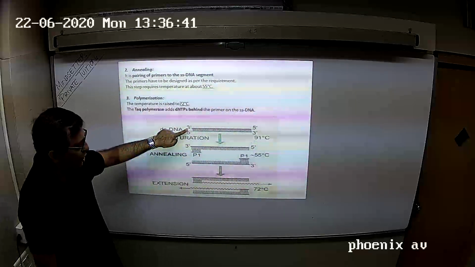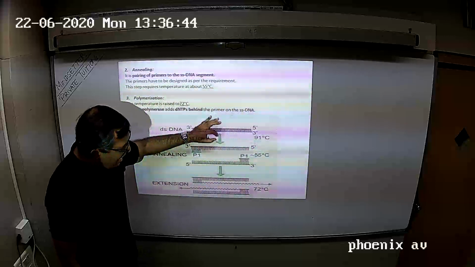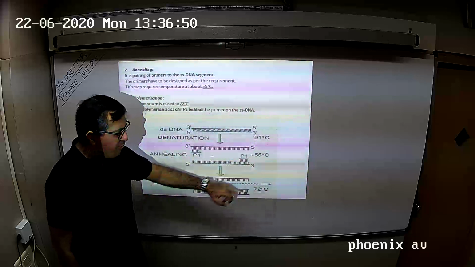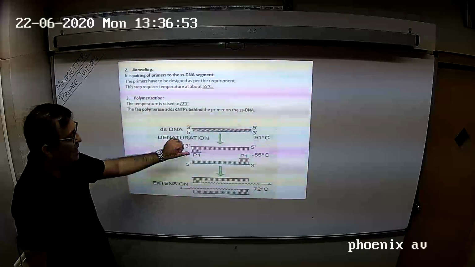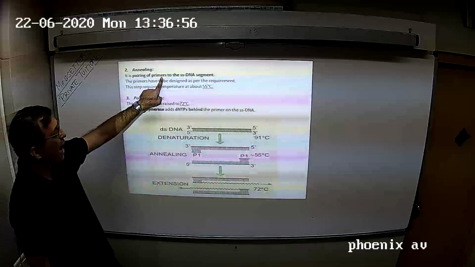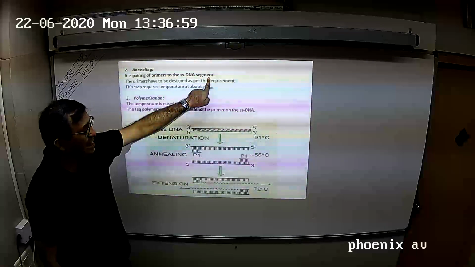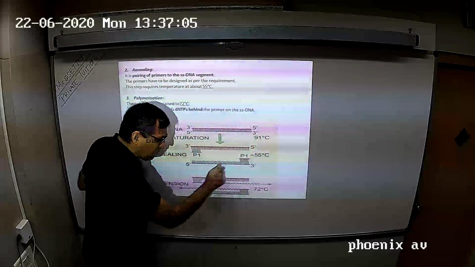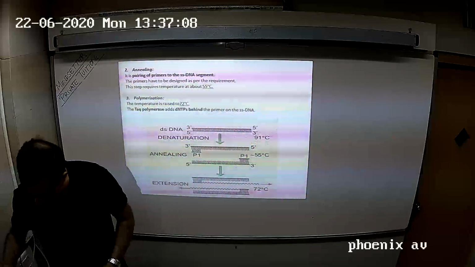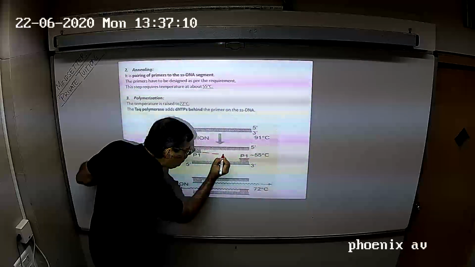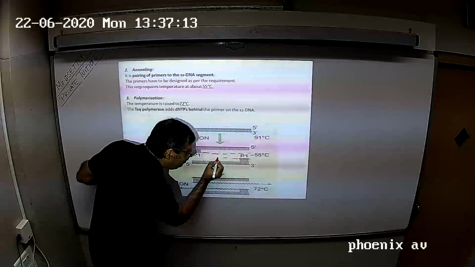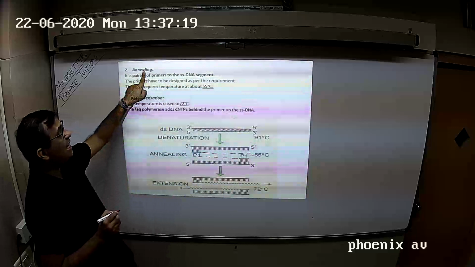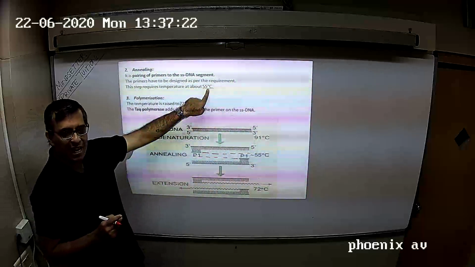On heat denaturation the double-stranded DNA has become single-stranded DNA, and when the temperature is reduced from 91 to 55 degrees Celsius, annealing happens, in which the primers pair to the single-stranded DNA segment. These primers that you put in will get attached to the DNA segment: the forward primer will get attached here, and the reverse primer here. That attachment of primers is called annealing, which takes place at 55 degrees Celsius.